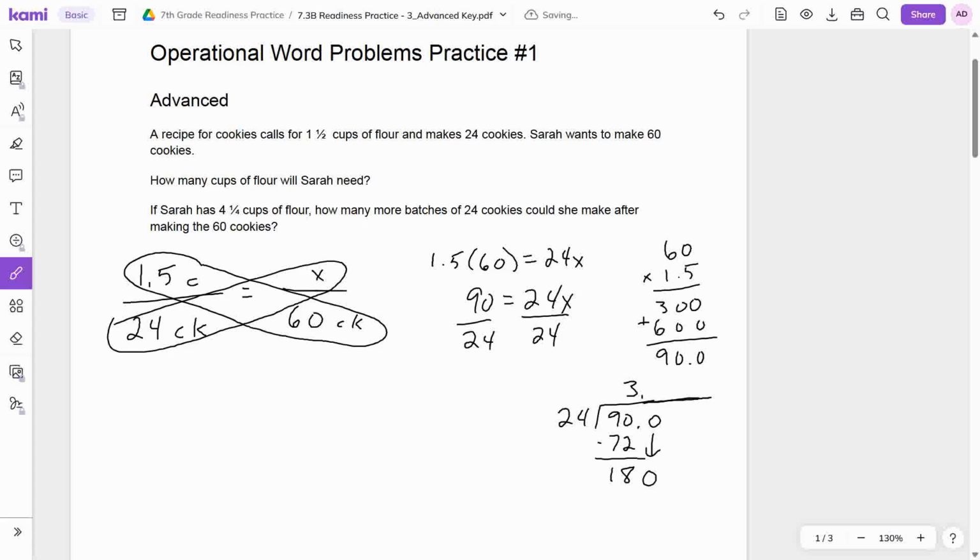Let's see if I can try 7. I'm not sure what that's going to be, but we'll give it a shot. That's going to be 140, 168. Yeah, that's going to work. And that's going to give me 12. And there we go. That's going to give me a nice even 5, because 24 times 5 is 120.